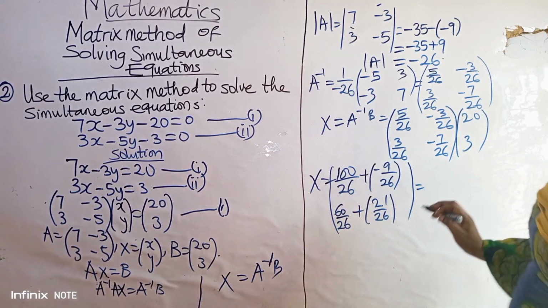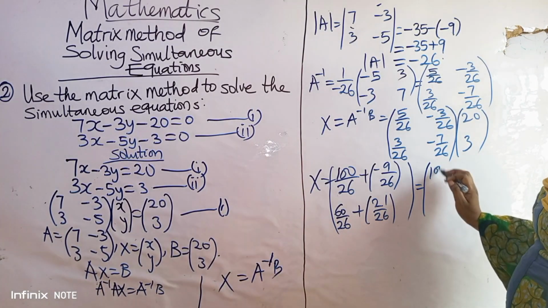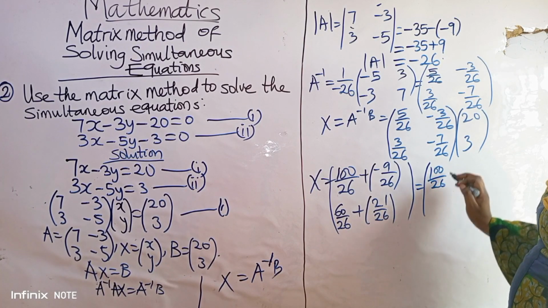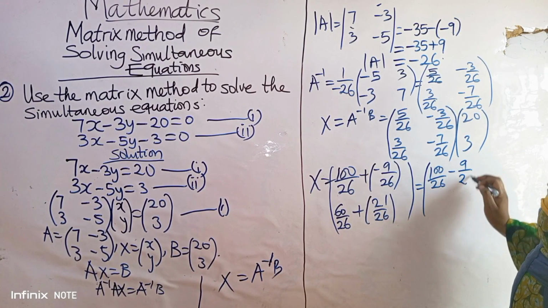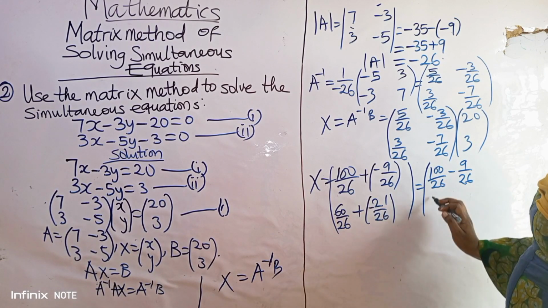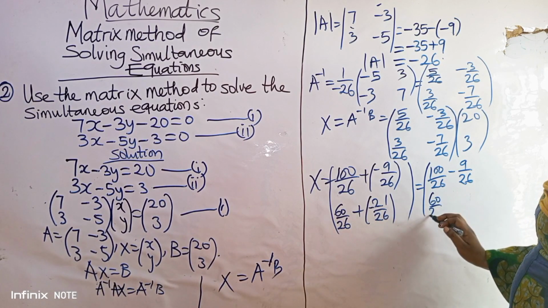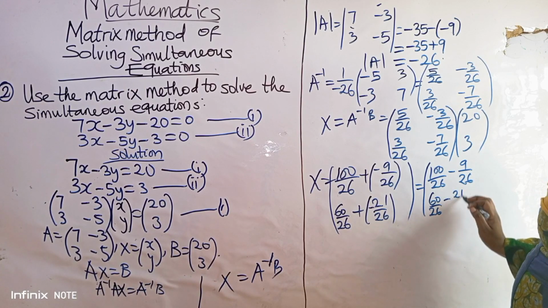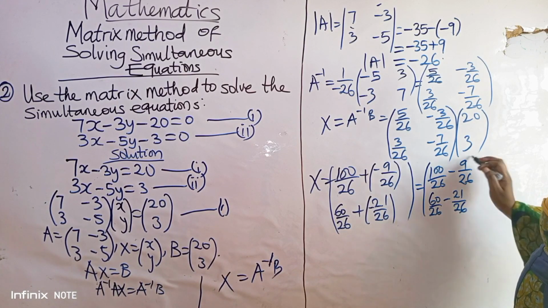So this is equal to 100 over 26 minus 9 over 26, and 60 over 26 minus 21 over 26.